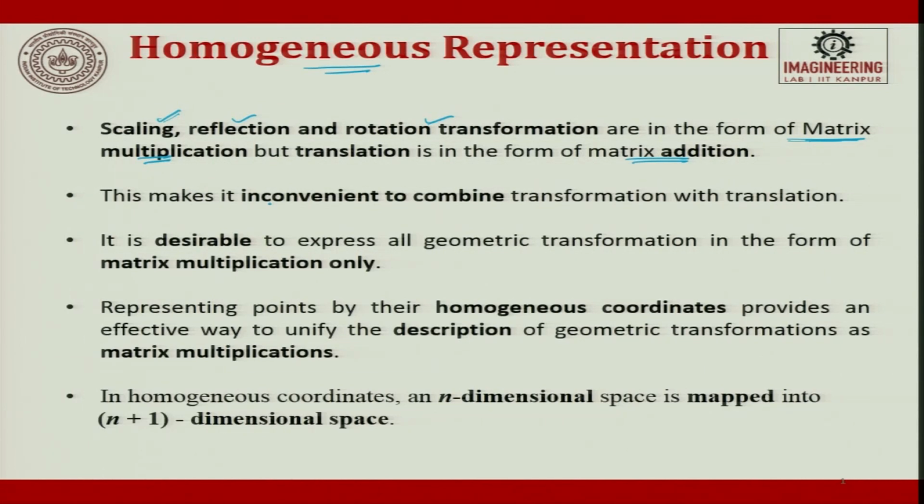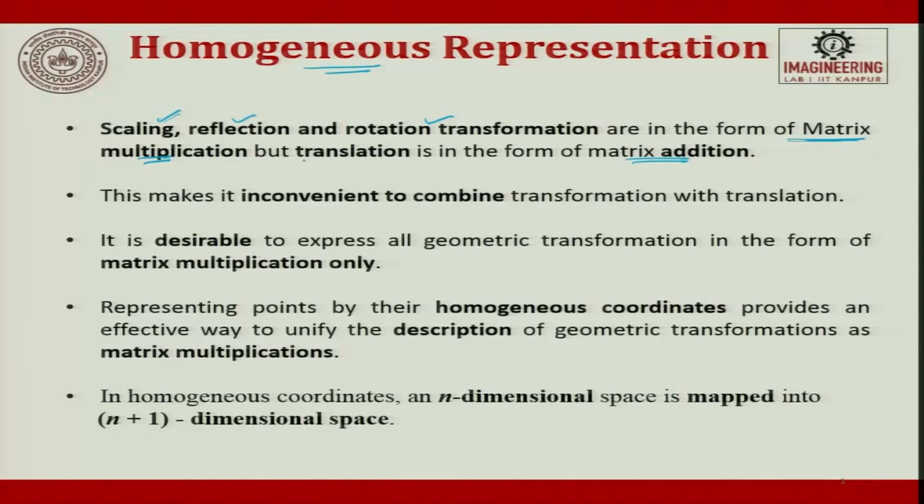It makes it inconvenient because many a time you will be doing step by step operations. When you do that in the next topic of discussion, concatenation, it becomes extremely difficult to solve mathematically. So this mix of multiplication and addition makes it inconvenient to combine transformations with translation.